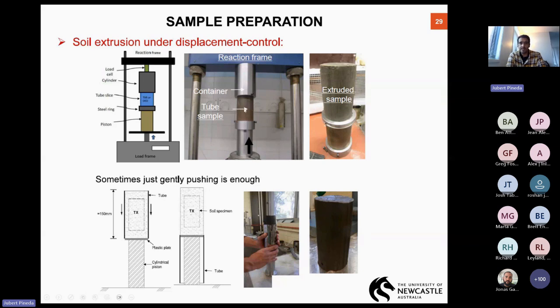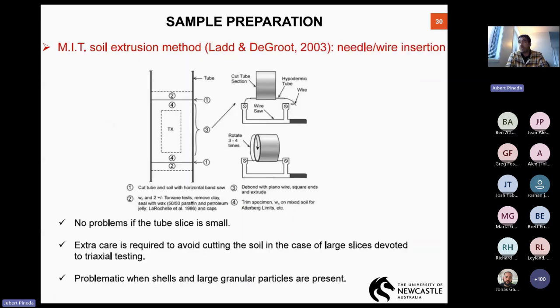We put the slice in the middle, we have a piston, and we just use a load frame to push out the sample, and we maintain it in a container, which is just an external tube that keeps the sample in place. This is a photo of a sample that we have extruded with this method. In that way, we minimize further the potential disturbance due to the sample preparation.